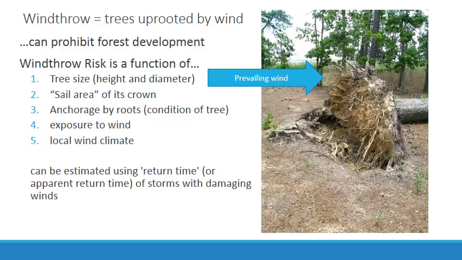Tree senescence can also be a factor, where there are multiple factors contributing to the declining health of a tree. That can also reduce its anchorage and increase its susceptibility to wind throw. So the resulting damage can be a significant factor in the development of a forest, especially in an even-aged stand.